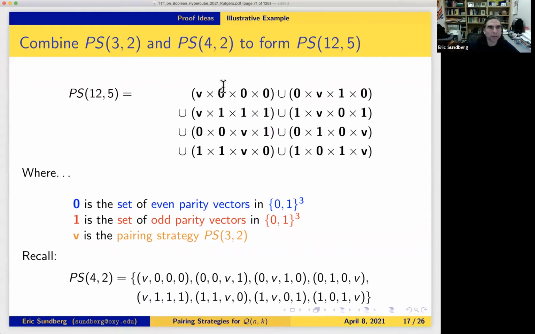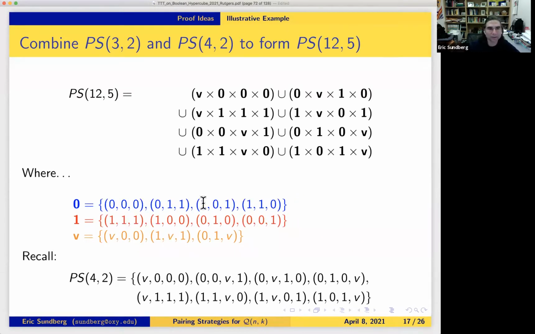But of course, what are the little sets that we're using to create these Cartesian products? Well, the bold 0 will be the set of even parity 0, 1 vectors of length 3. The bold 1 will be the set of odd parity 0, 1 vectors of length 3. And then these bold V's will be the 3 edges from our pairing strategy PS32. Here are exactly what those sets are.